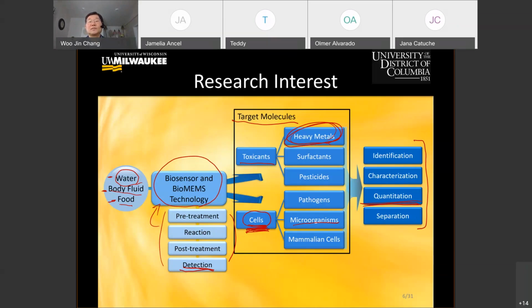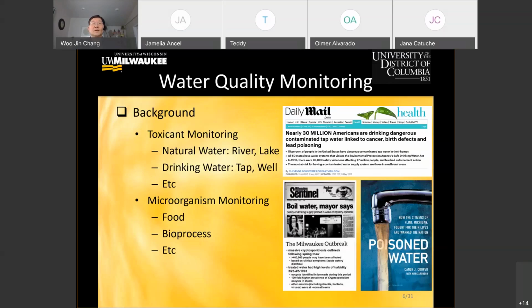And also these molecules can be used to characterize and separate the molecules. So this is my research interest, and I want to move on now to the water quality monitoring system.